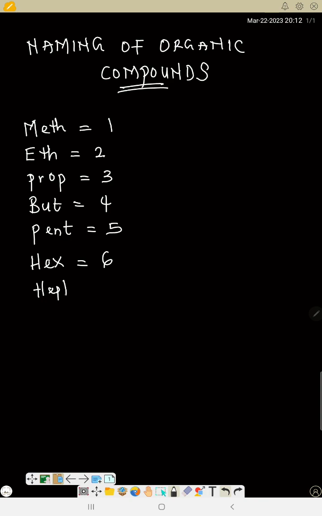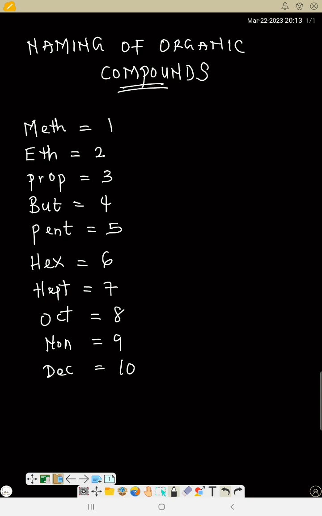Hept is for seven. Oct is for eight. Non is for nine. Dec is for 10. So take note of this first.